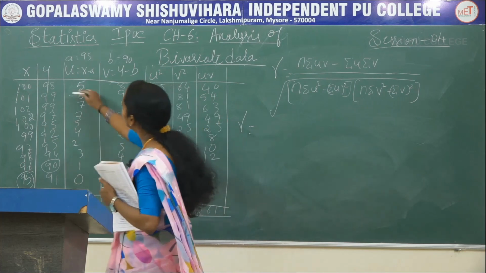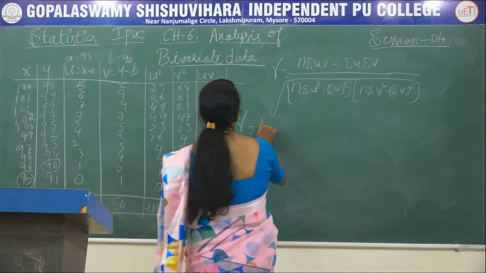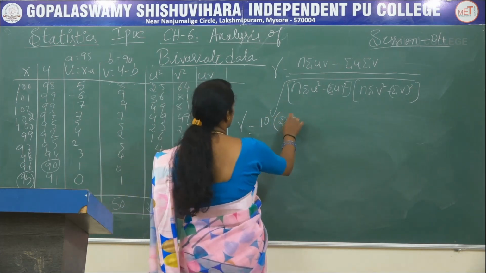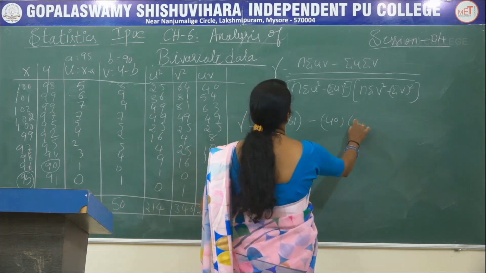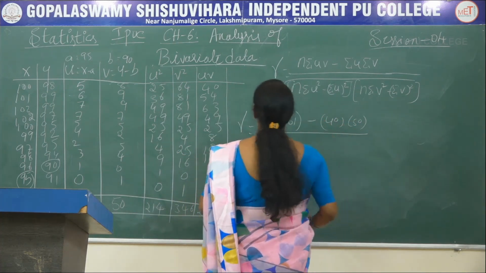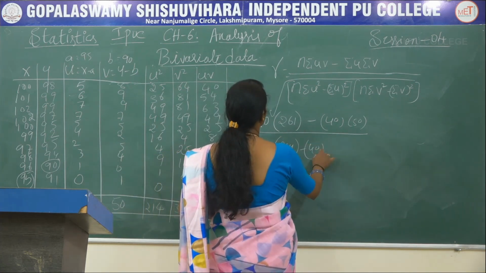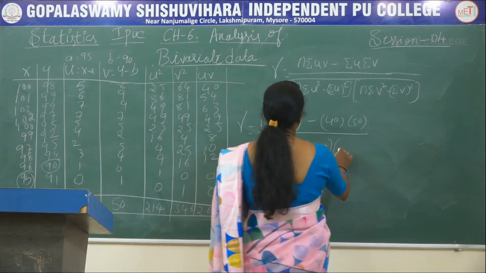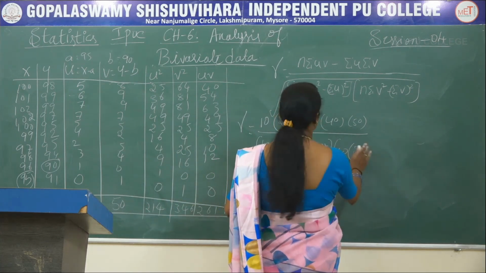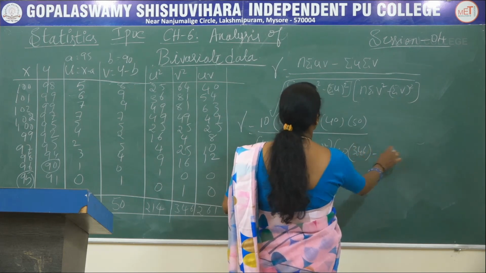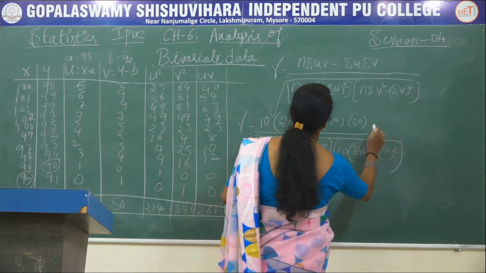N is equal to 10. It is 10 into 261, summation u is equal to 40, this is 50, divided by 10 into 214 minus 40 whole square, into 10 into 346 minus 50 whole square, the square root.